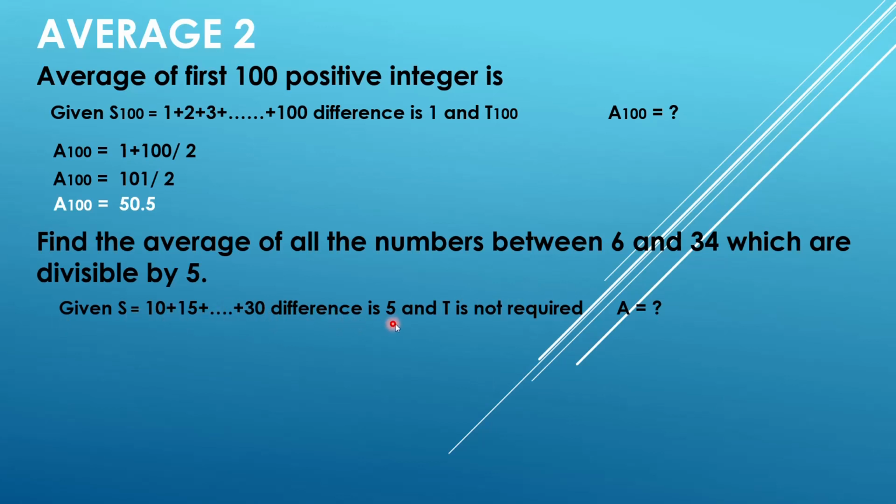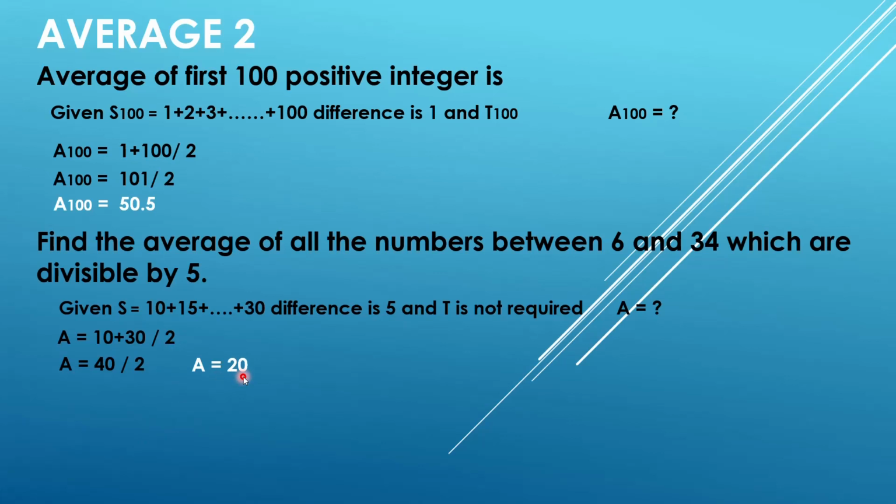Okay, and what we need to calculate is the average. So how can we calculate now? Take the first number and the last number, divide by 2. So 10 plus 30 divided by 2, which is equal to 40 by 2, so the average is 20.